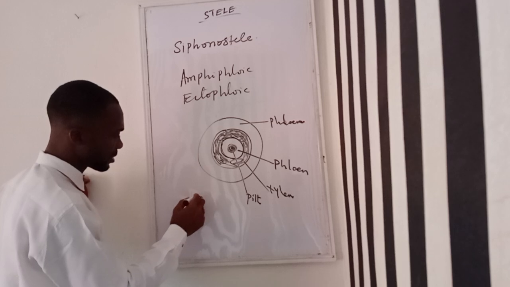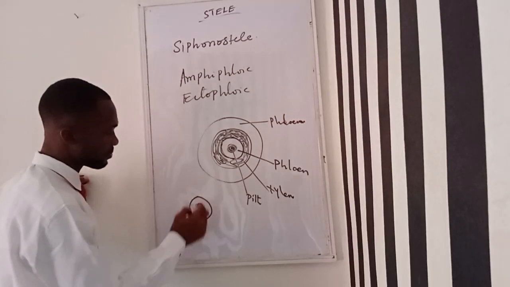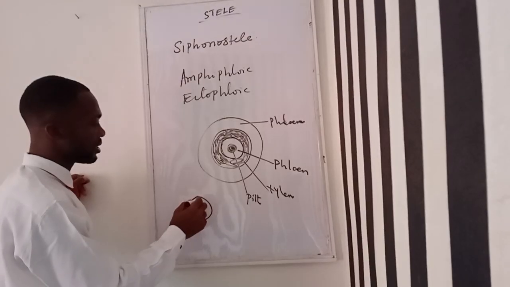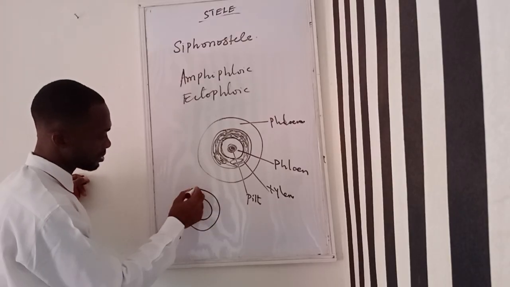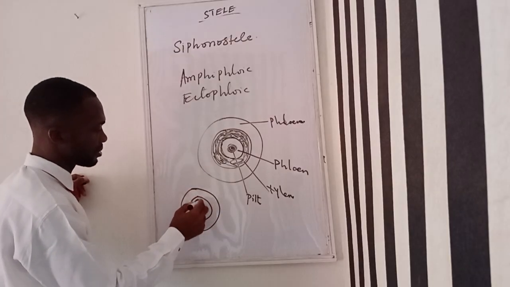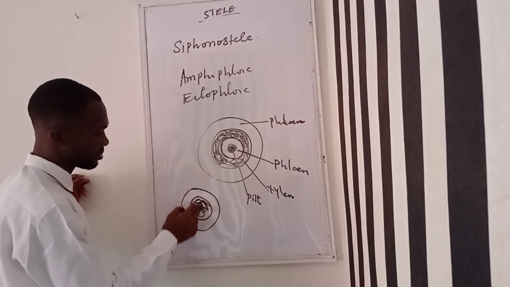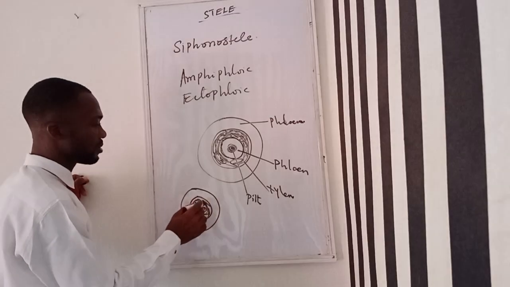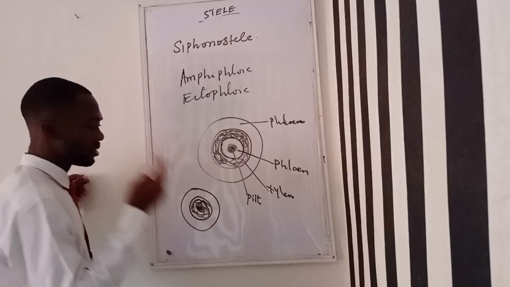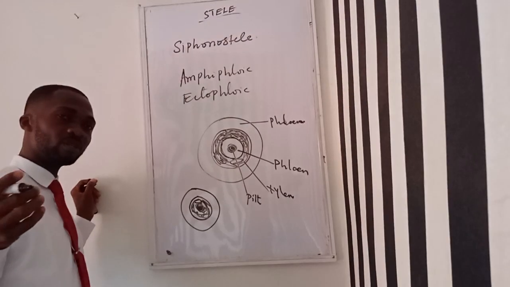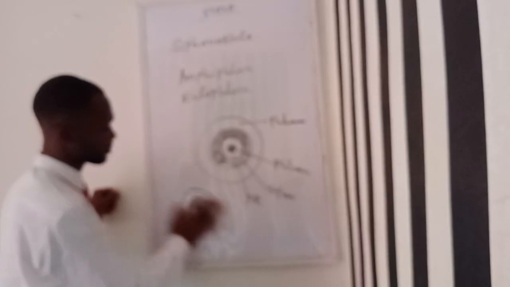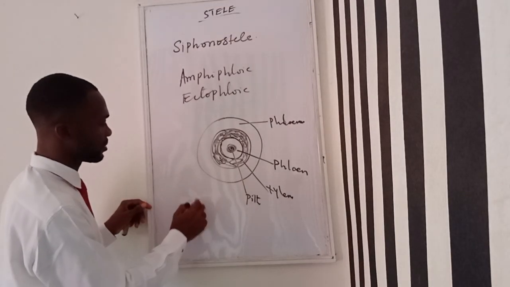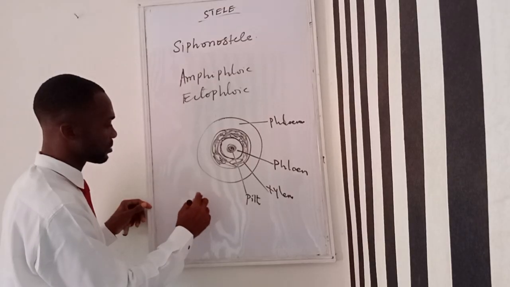But in the case of ectophloic, the phloem is only surrounding the xylem on the outside. So let me draw this properly. So this is a vascular tissue.